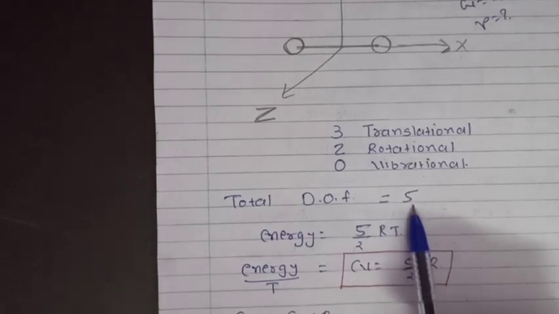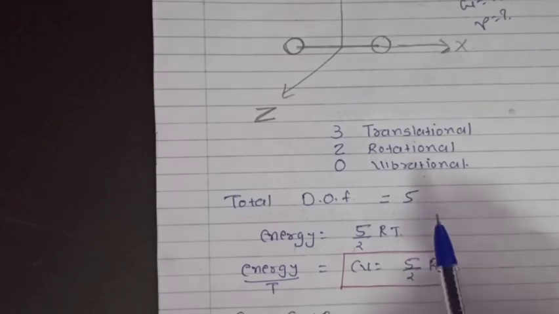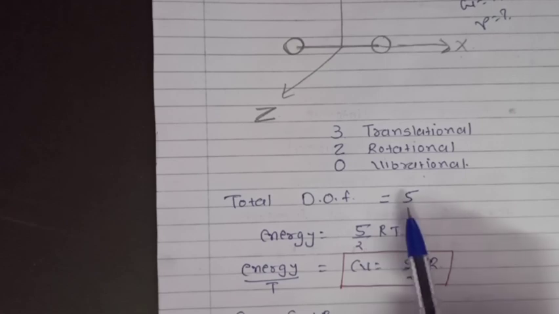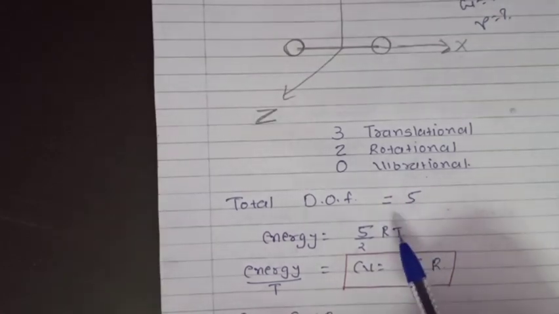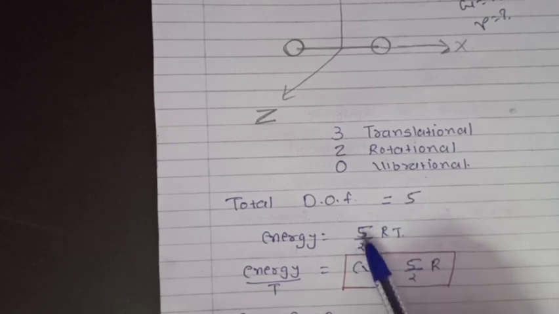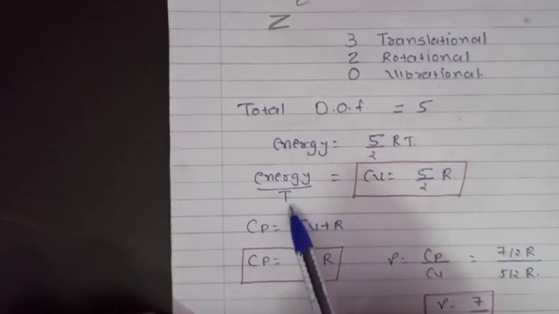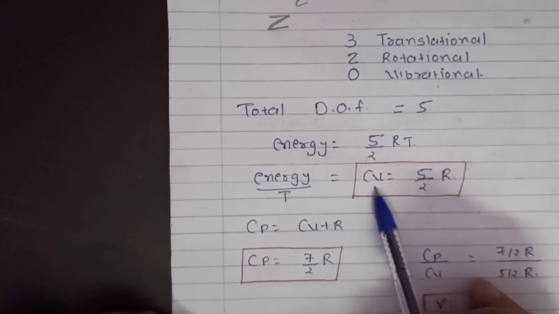Now we know that energy per mole per degree of freedom is RT by 2. As there are 5 degrees of freedom, the energy will be 5 by 2 RT. Now we know that energy divided by temperature gives the specific heat at constant volume.